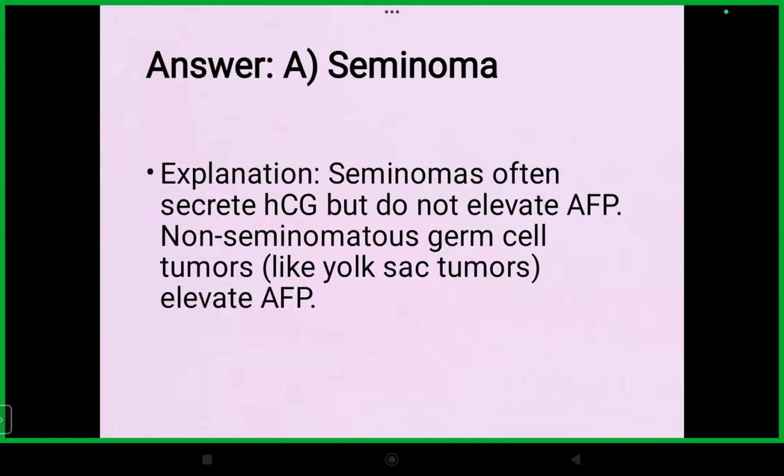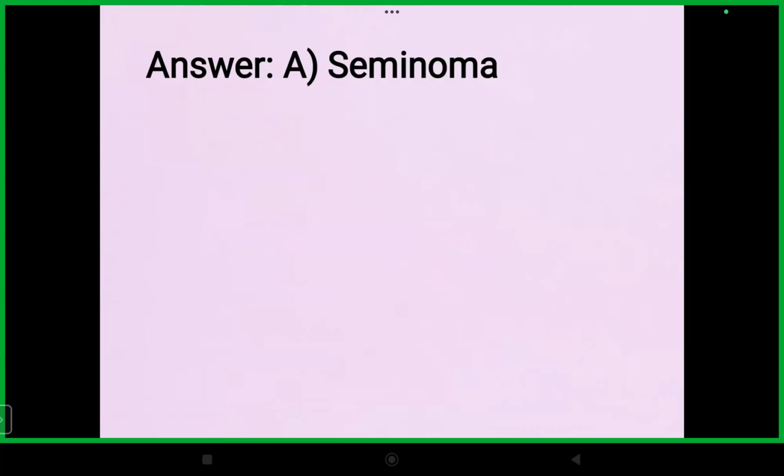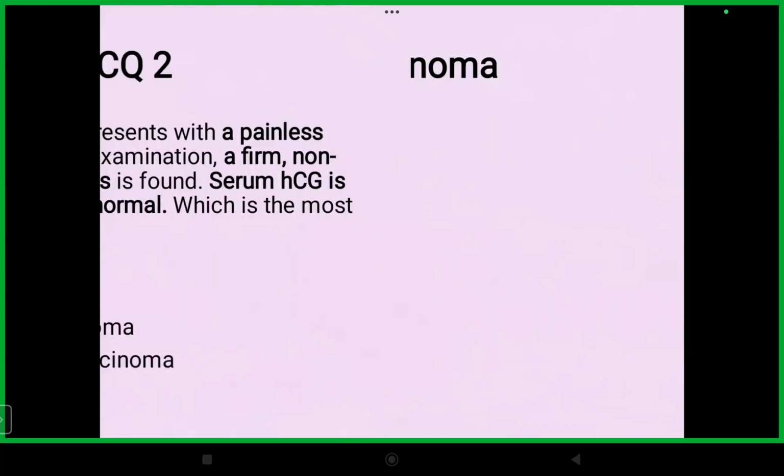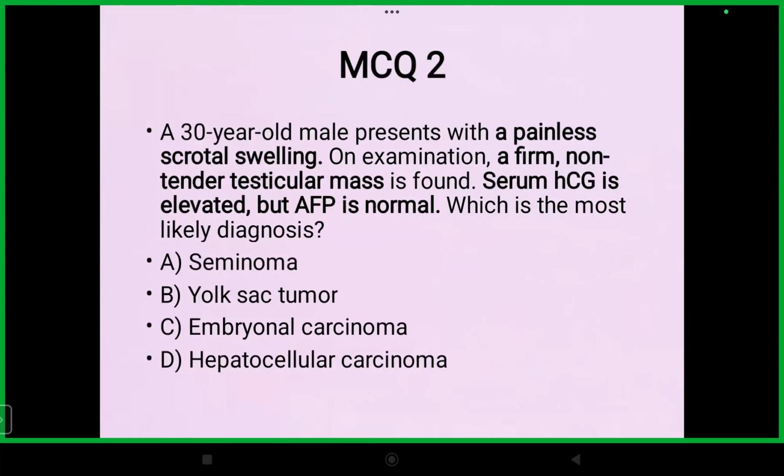What are the factors that support it? Seminomas usually secrete HCG, but there is no elevation of alpha fetoprotein. And alpha fetoprotein elevation is seen in non-seminomatous tumors like yolk sac tumors. So the other options were yolk sac tumor, embryonal carcinoma, and hepatocellular carcinoma.